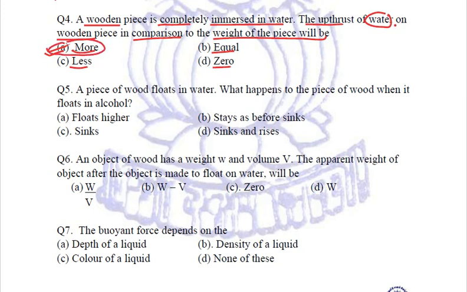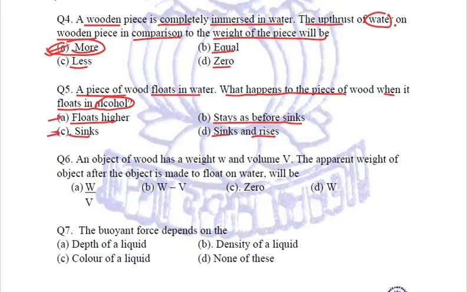Let's see the next question. A piece of wood floats in water. What happens to the piece of wood when it is placed in alcohol? Will it float higher, stay as before, sink, or sink and rise? Only two options are really possible, whether it is going to float or it is going to sink.